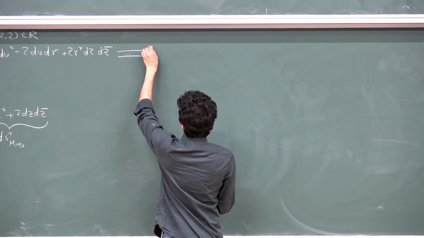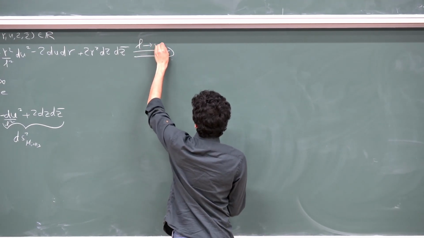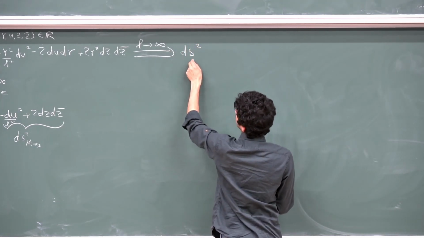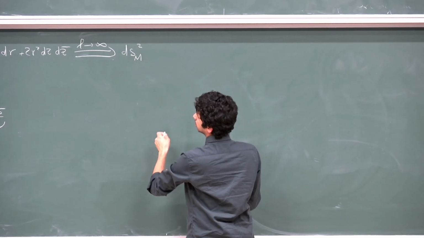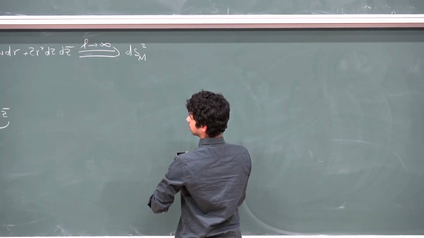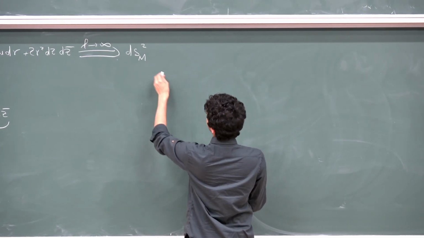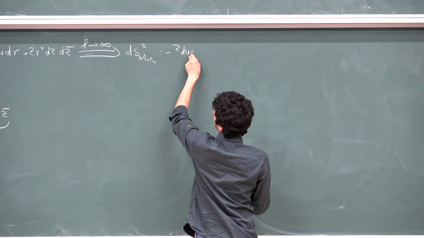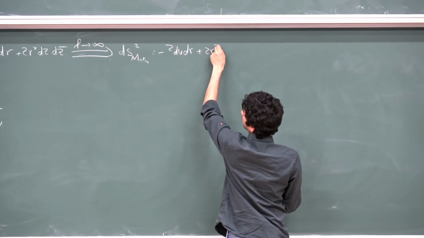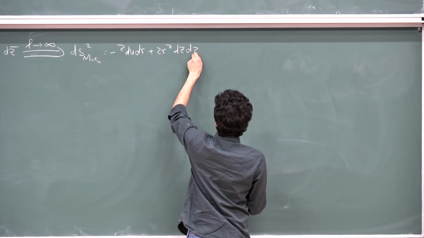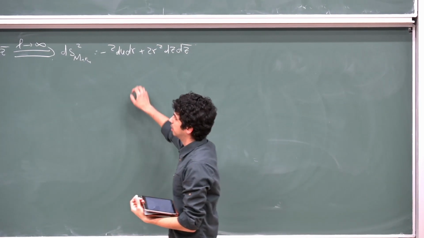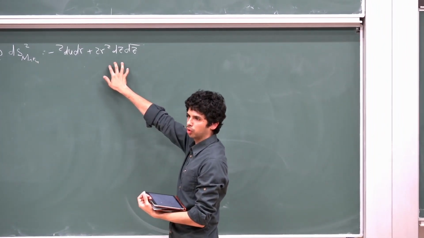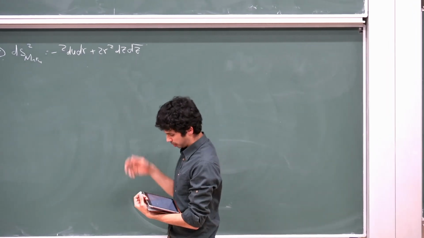And you could also take the flat limit here, L going to infinity, and what you get, the flat limit here is smooth, and you approach Minkowski 4. These are Bondi coordinates in Minkowski, in 4-dimensional Minkowski space.